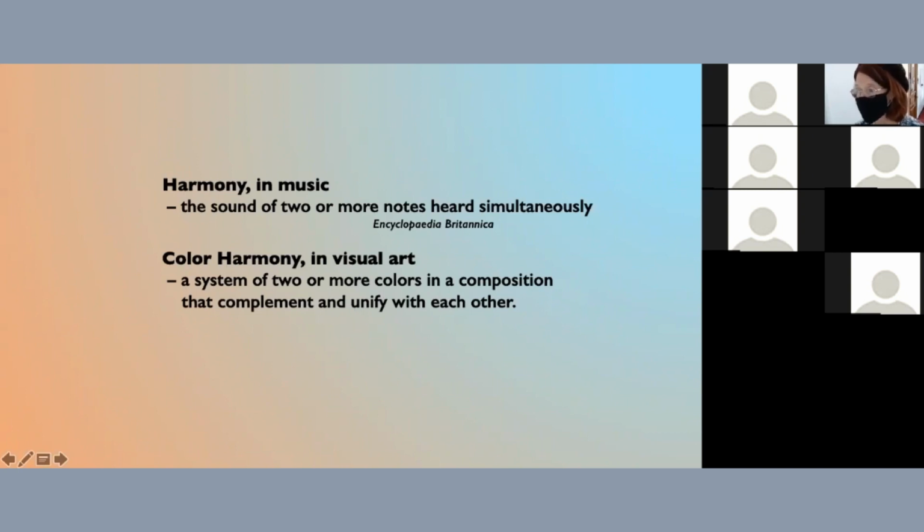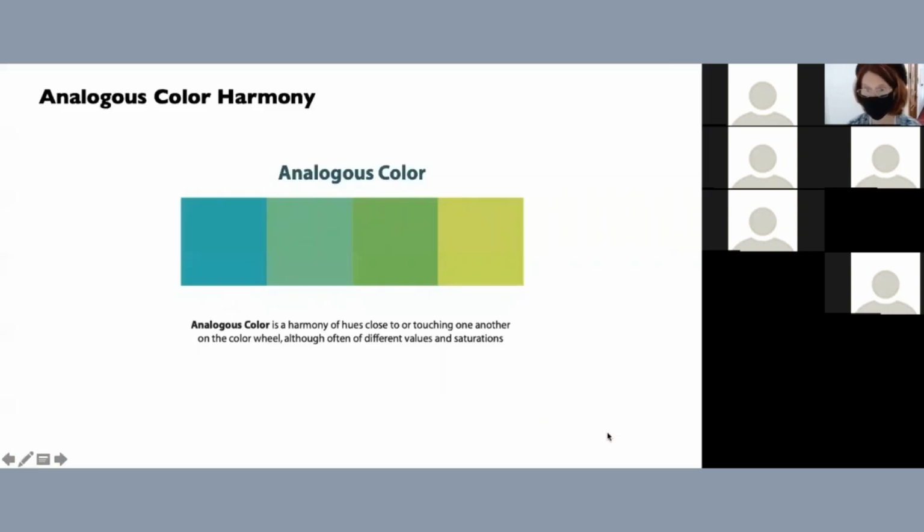So it's a system of two or more colors in a composition that complement and also unify with each other. So you can see the overlap between the idea of harmony in music and then color harmonies in visual art.